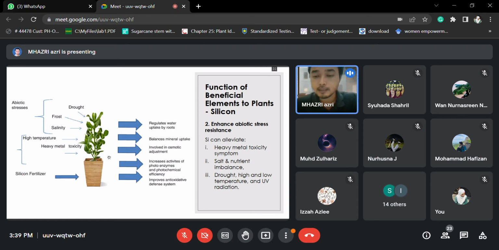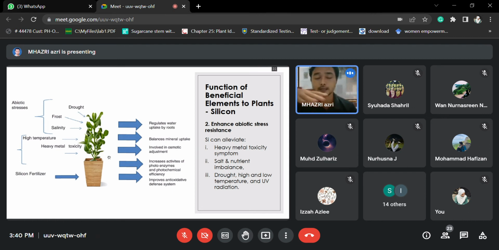Apart from that, silicon also will prevent salt and other nutrients imbalance. Okay, it also can increase drought, high, low temperature and UV radiations resistance. Okay, so dia punya mechanisms of how this silicon can enhance the abiotic resistance of plant adalah dia jadi satu protections.